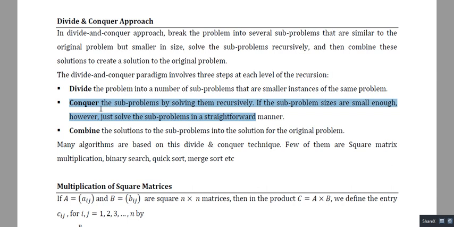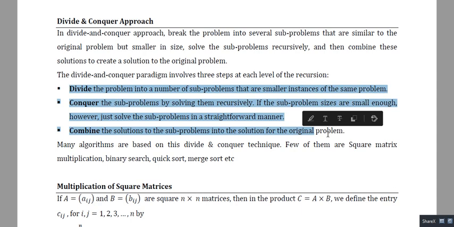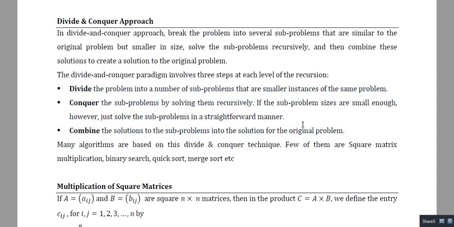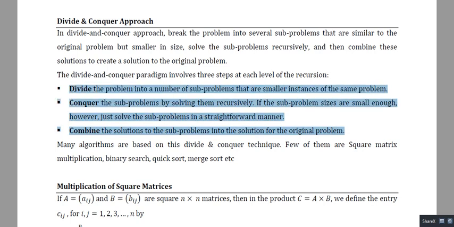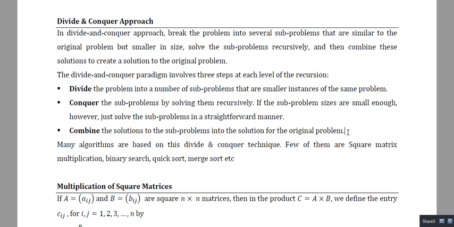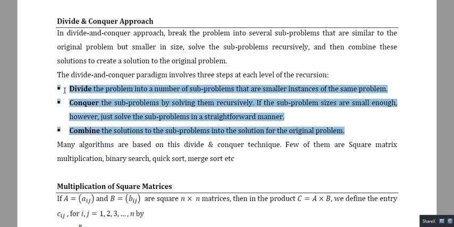This is most widely used because nowadays the kind of problems we get are very expensive in terms of time complexity if the input size is large. So this will be very helpful.